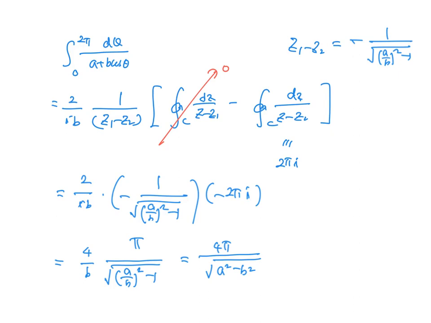So where was the 2? Plus minus. We have a factor of 2 here. So this is 2 pi over a square minus b square.